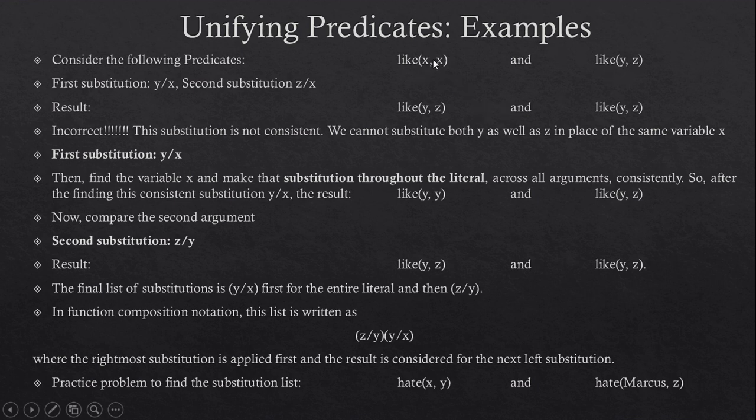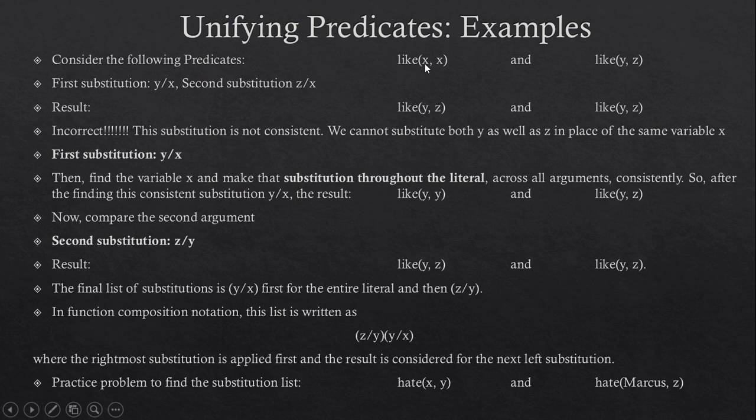Next, we compare the first pair of arguments, x and y. The algorithm can pick up either of the two substitutions. X substituted in place of y, that is x for y, or y substituted in place of x, that is y for x. Assume that the algorithm selects the substitution y for x.